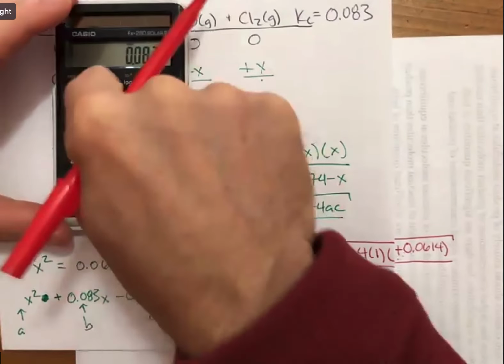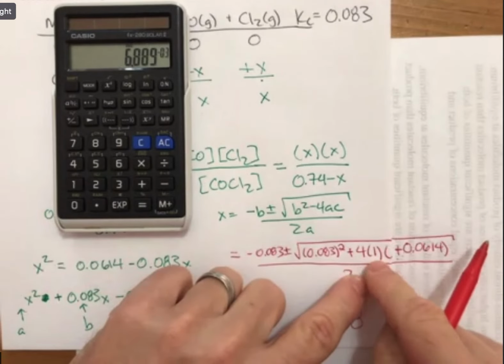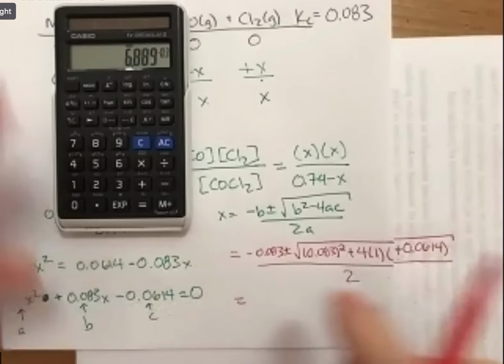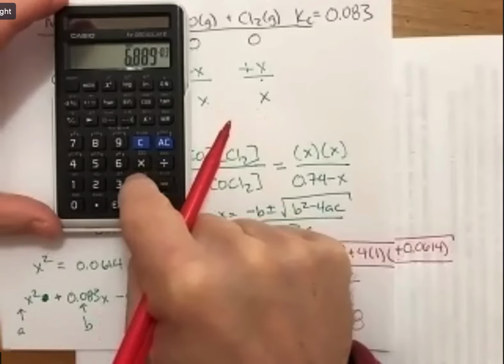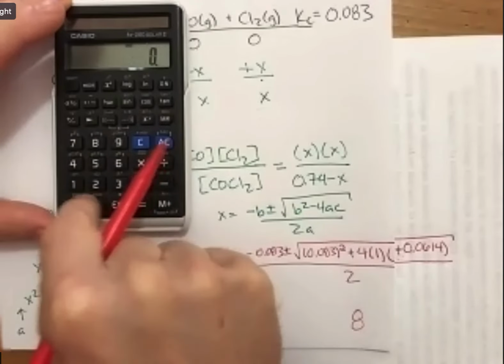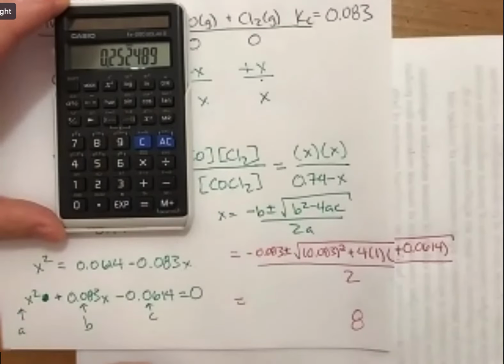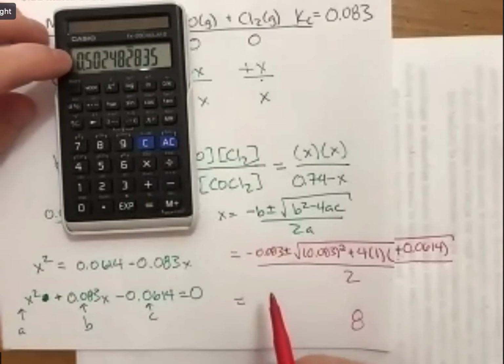So 0.083 squared plus 4 times 1 times 0.0614. I get that number. And then I hit the square root and I get 0.5.